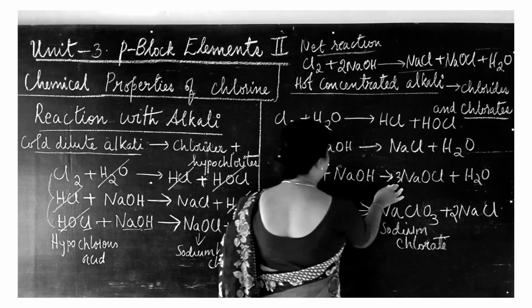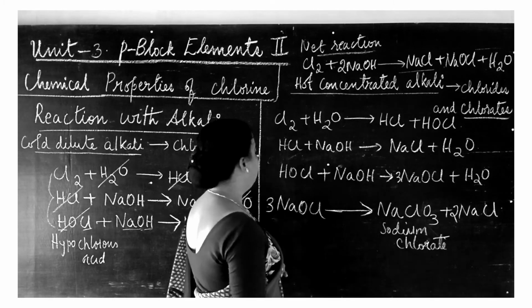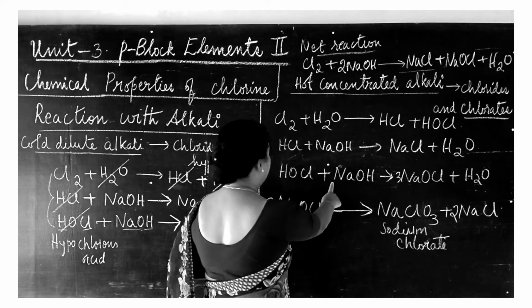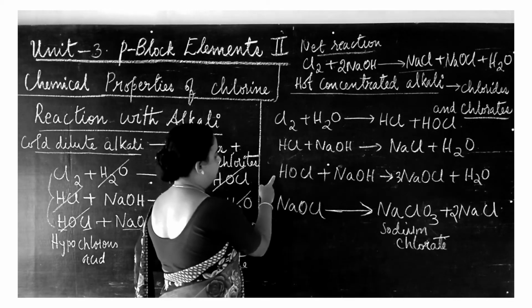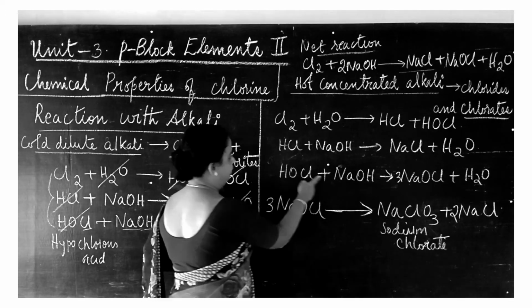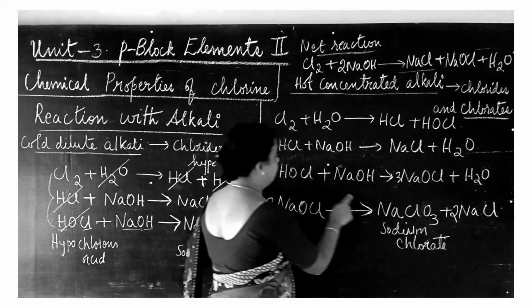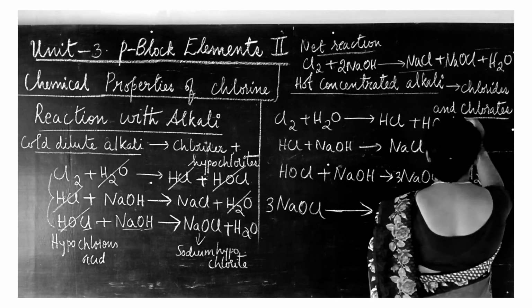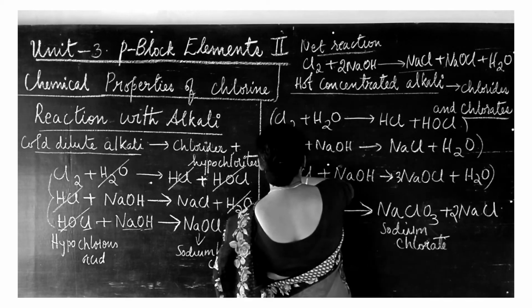Yes, here it should be 3. So if here it is 3, then here also it will be 3. So for balancing, what should we do? Very simple. Just multiply all the 3 reactions with 3. So it will get balanced.